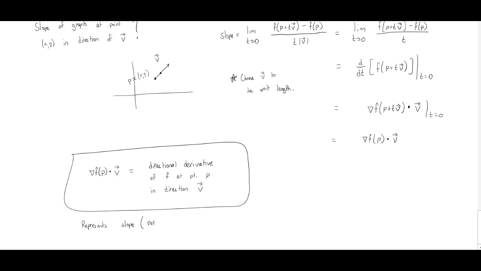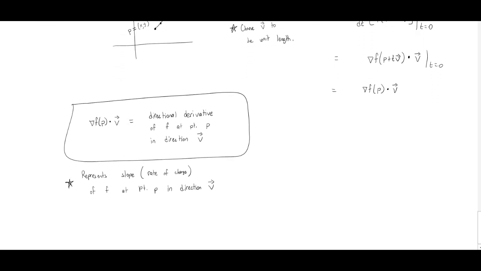Or if you will, represent the rate of change of the function f at the point P and in the direction of the vector v. Okay? So that's the interpretation of the directional derivative. And I'm making note that the direction vector v has to be unit length for this to work. Okay?